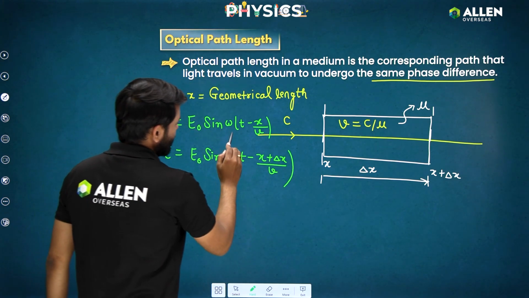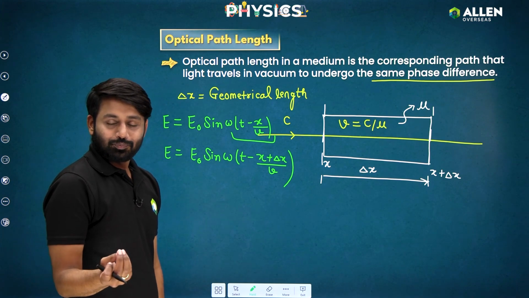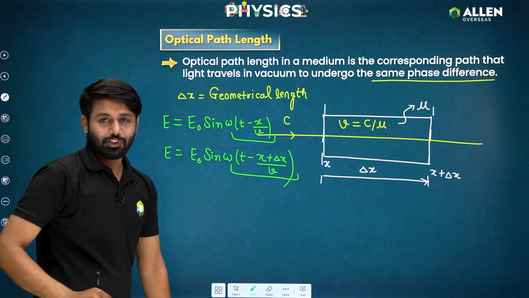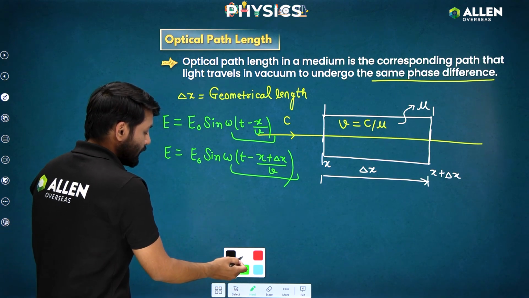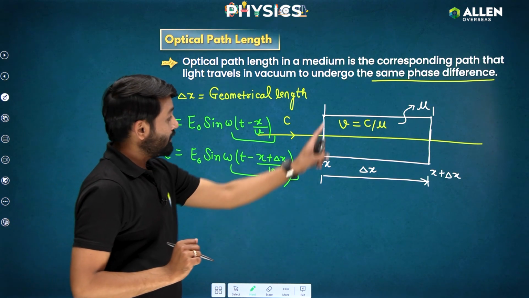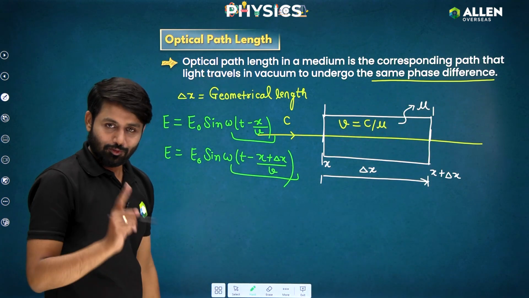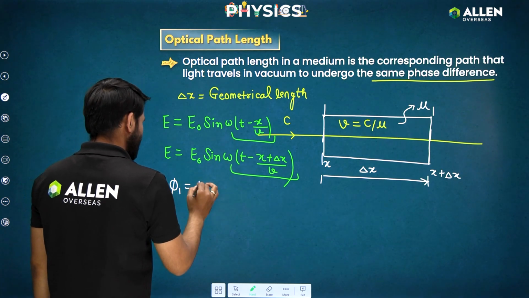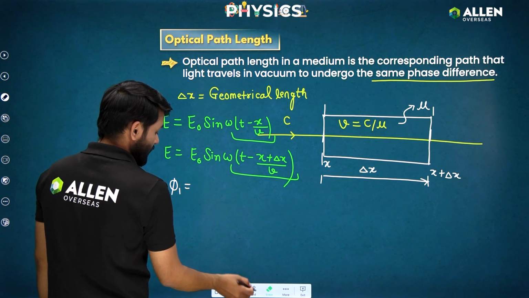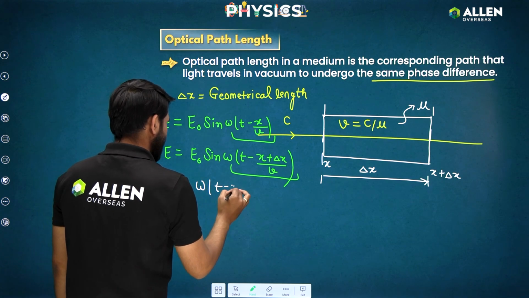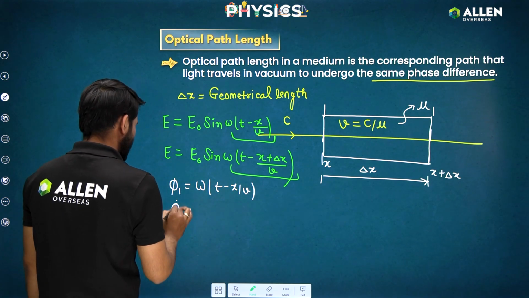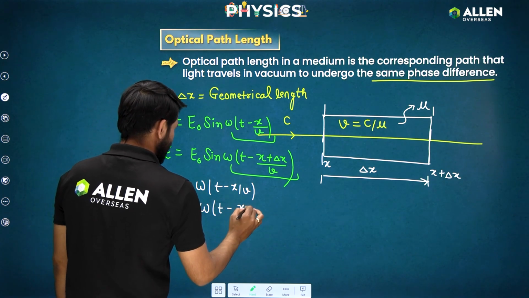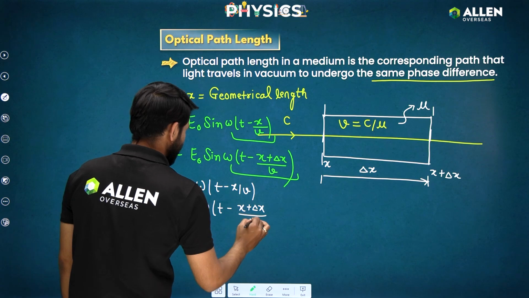You can ask, sir, what is this? This is our phase. And what is this? This is the phase for this wave. Is that clear? Let's calculate the phase difference first, because we need the same phase difference. So phi 1 I am writing for this one, omega t minus x by v, and phi 2 is omega t minus x plus delta x divided by v.